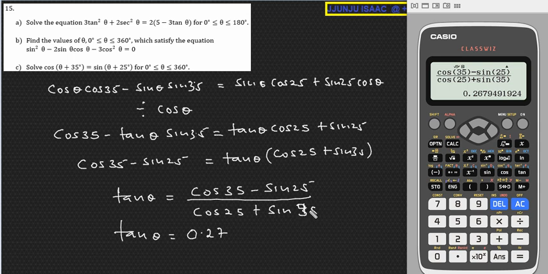Okay, so now from here we have got our tan.